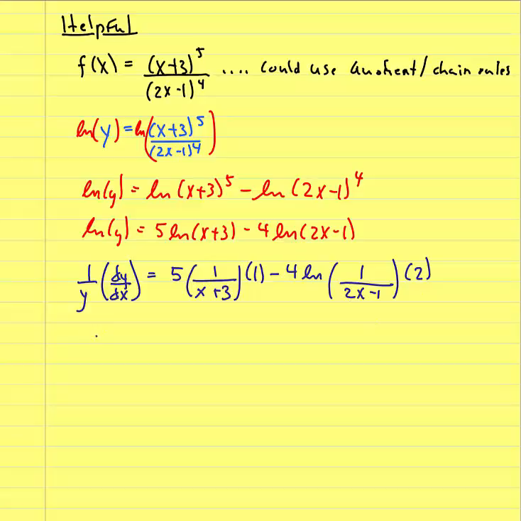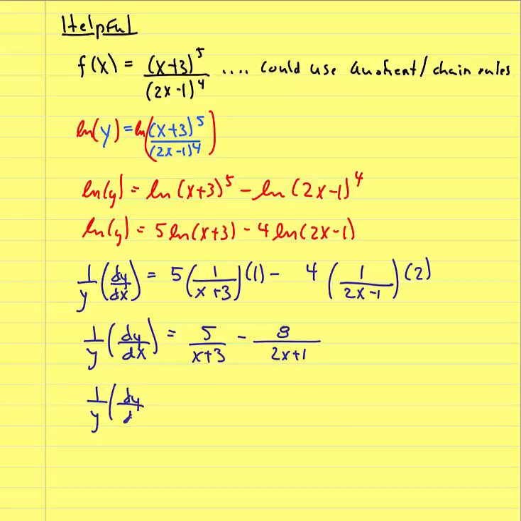So let's go ahead and simplify this. 1 over y dy dx equals 5 over x plus 3 minus, looks like we have 4 times 2 is 8. Oh, this log isn't there. Sorry about that. Because it's 1 over the argument times the derivative of the argument. So minus 8 over 2x minus 1. Okay, I could find a common denominator. This is not my answer yet.